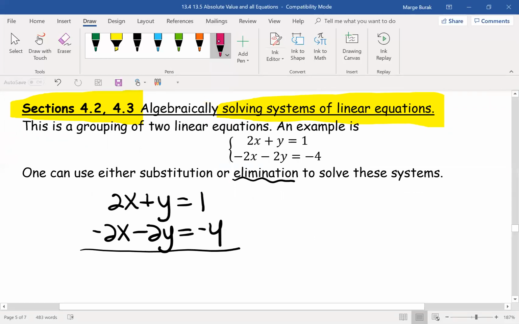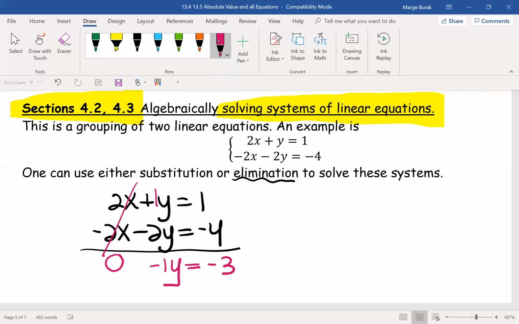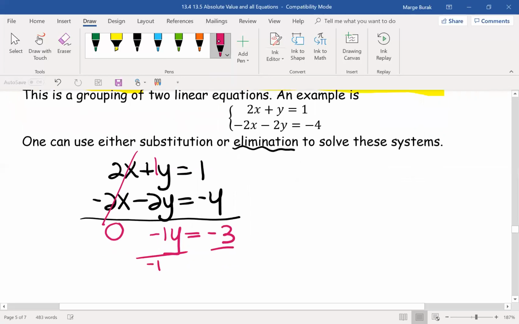If you add 2x plus negative 2x, I get 0. And the whole point is I eliminated one of the variables. And if you have 1y minus 2y, you have negative 1y. I'm writing the negative 1 there for all of us. And 1 plus negative 4 is negative 3. And then if I divide both sides by negative 1, I get y equals 3.